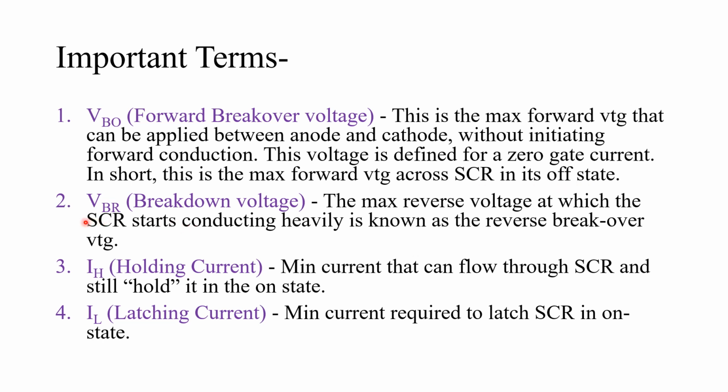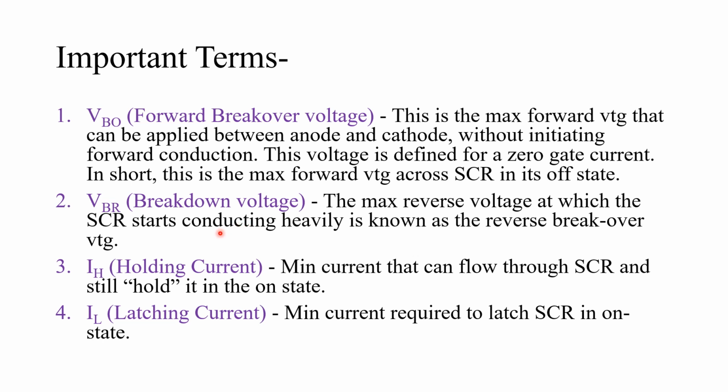Now the second point is VBR, that is breakdown voltage, the maximum reverse voltage at which the SCR starts conducting heavily, is known as the reverse breakover voltage. So this term VBR is defined for reverse characteristics of SCR.